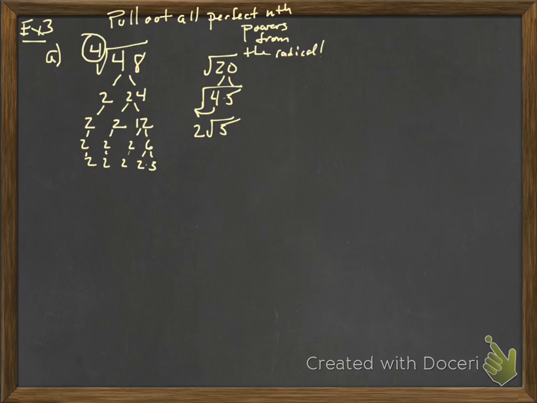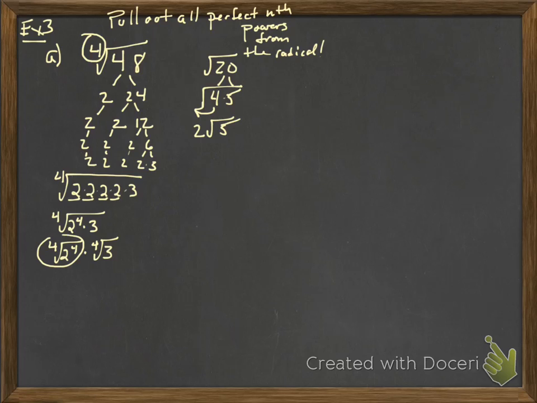We can rewrite this as the fourth root of the product 2 times 2 times 2 times 2 times 3. If you multiplied all that together, that's 48. Now we do have a perfect power of 4, and there are 1, 2, 3, 4 2s there. Another way of writing that is 2 to the 4th times 3. So technically I can take the fourth root of 2 to the 4th and multiply that by the 4th root of 3.